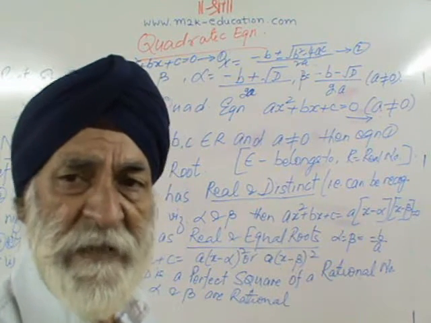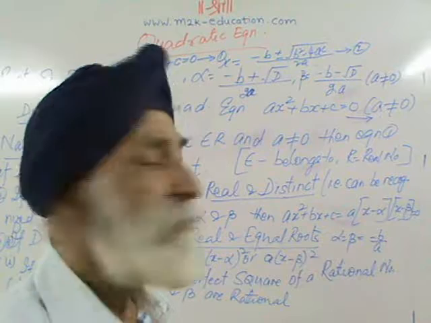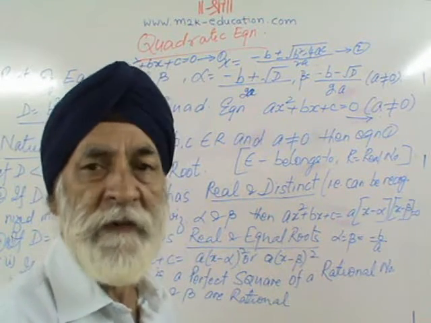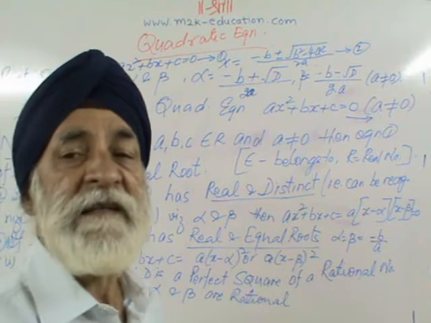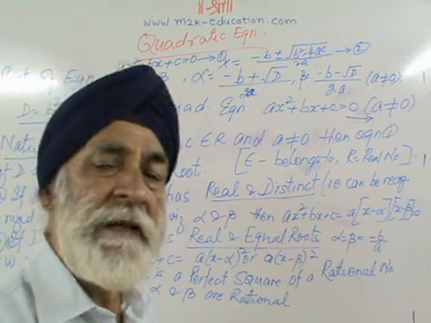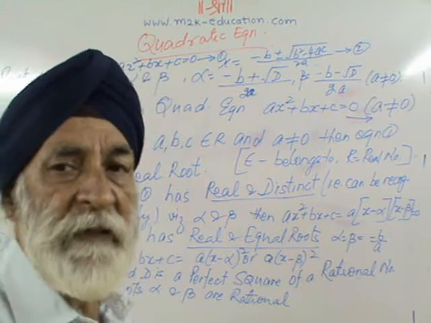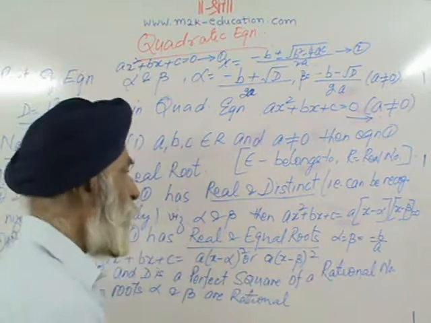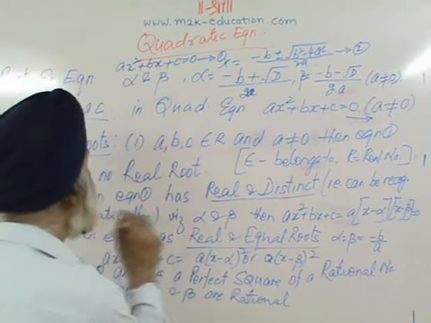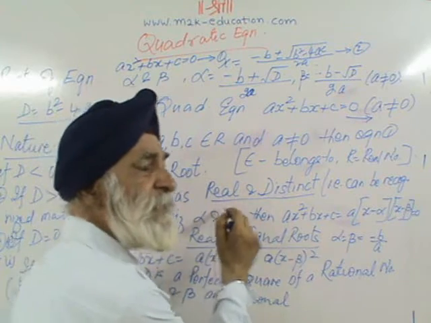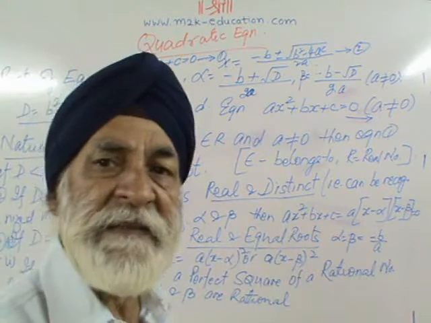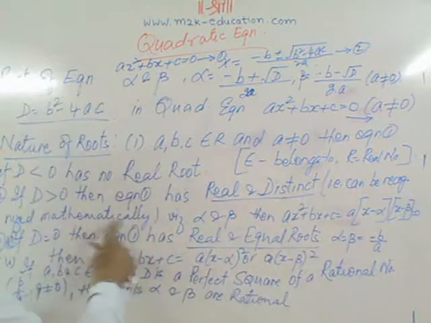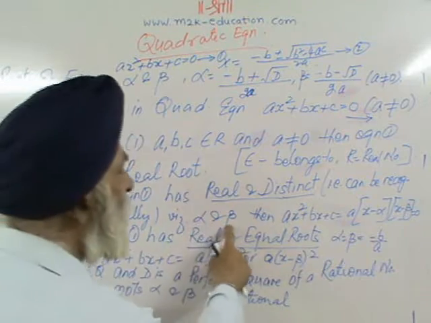Distinct means which can be separately found. There are some words in mathematics you should be very clear about, like finite. Finite is which is countable. Distinct means which is recognizable, which can be separated from other numbers. So equation 1 has real roots, meaning the value is in reality existing, and distinct, that is, can be recognized mathematically, namely alpha and beta.